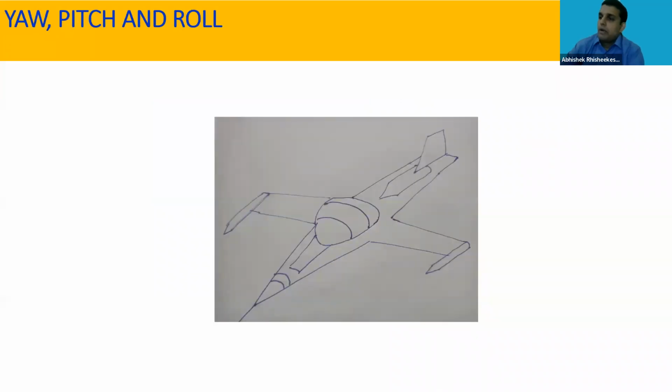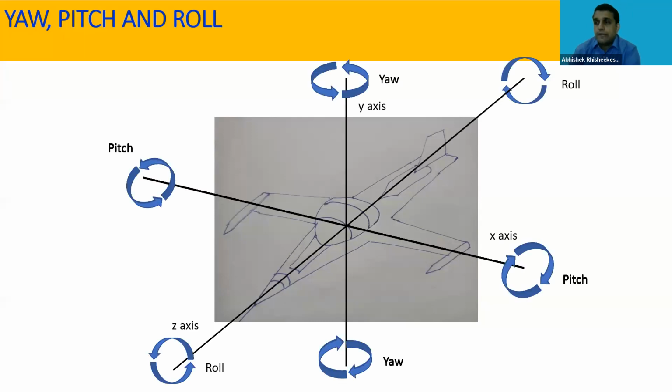Now, there are three parameters that define a camera's viewing direction. Imagine a fighter plane. Consider the XYZ axes of the plane as shown in the figure. The rotation about the y-axis, in the XZ plane, is called yaw, as shown here.